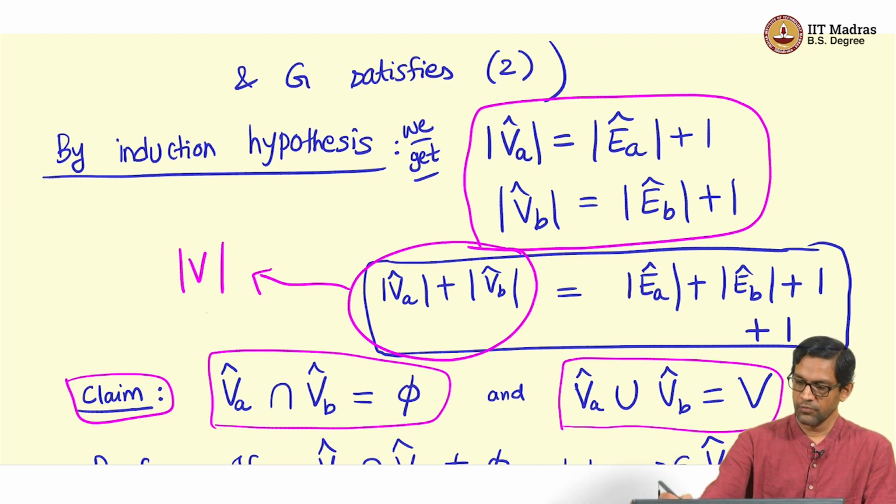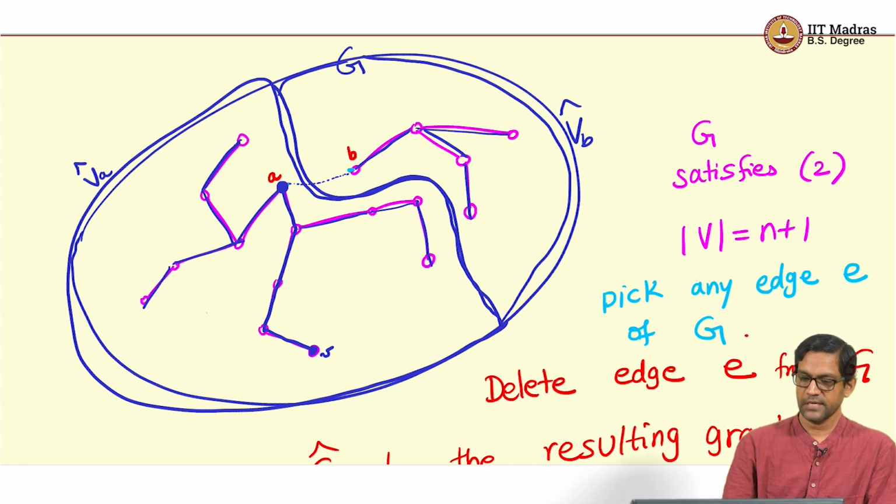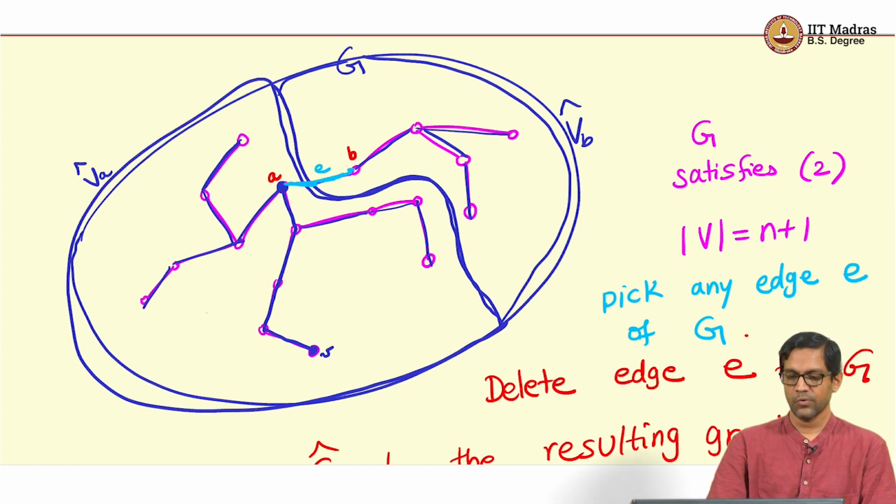Now, if you look at the edge sets, the edges of EA hat and EB hat are just edges which go between the vertices of the respective subsets. Let us look at this diagram again. The only edge that is missing from EA hat and EB hat will be this one edge which connects A and B, the original edge E that we had. So, this edge E is the only edge that is missing from this calculation.